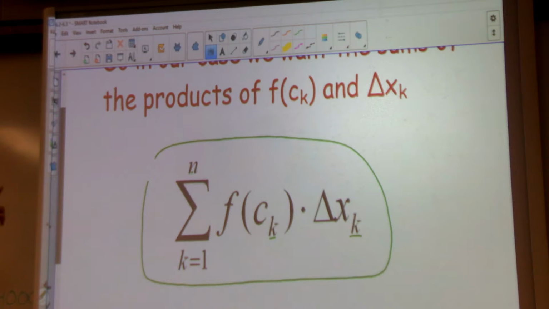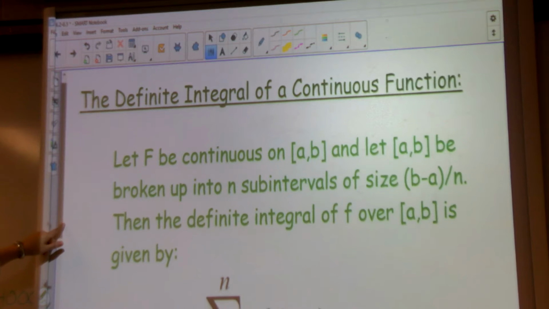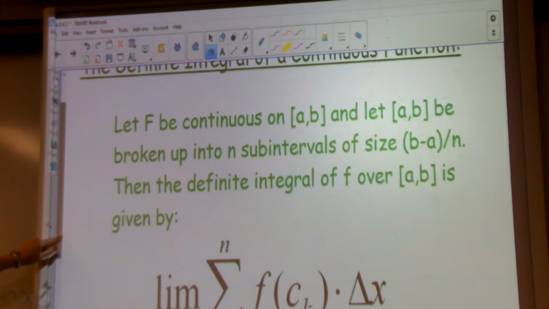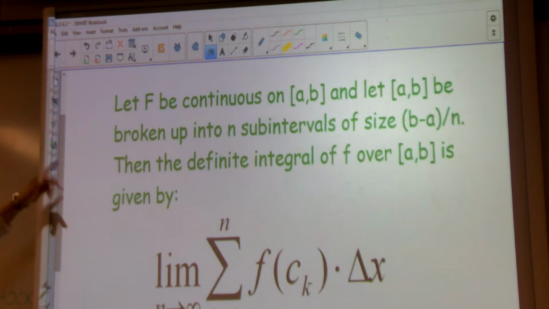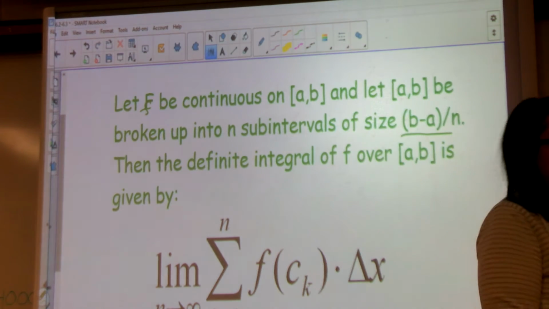Now, by definition, this is the definition of a definite integral of a continuous function. We're only looking at it assuming it's continuous. So if f is continuous on [a, b], it doesn't matter if it's capital or lowercase. Probably should be lowercase, they use it down here. And we're going to assume we're breaking it up into subintervals, and in this case we're going to make them the same size because that's the easiest case.